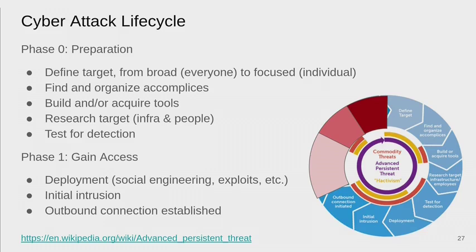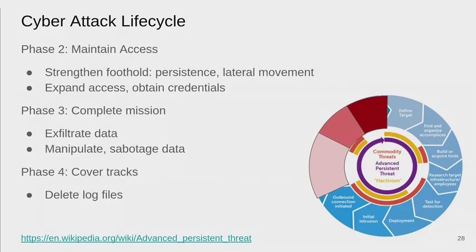So after gaining access, you maintain access. The idea here is that you strengthen your foothold. You're going for persistence, lateral movement. From the initial system that you have compromised, you're trying to get access to a bunch of other systems. From one user, you want to become the domain controller or administrator, root, expand access, get different kinds of credentials, collect all the tokens that are floating around in the network.